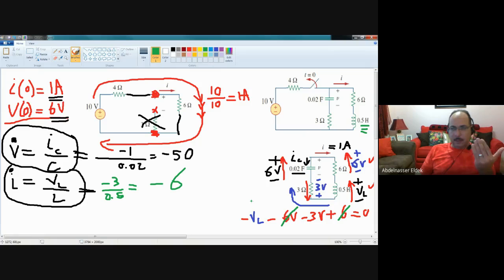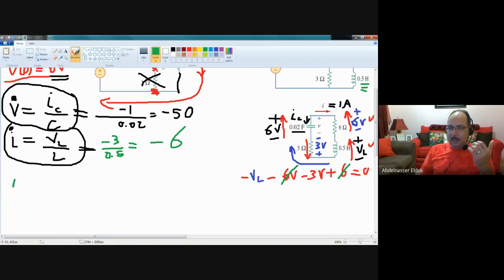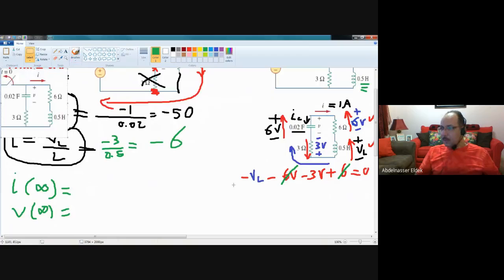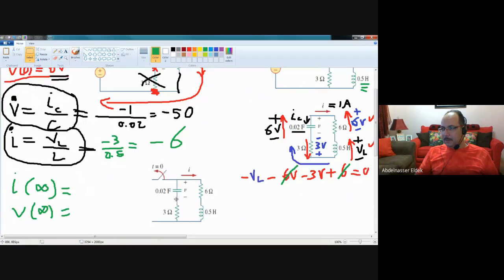Finally, we need to calculate the final value, which is very easy. IL at infinity and V at infinity, both of them are 0. Why? Because we will have this circuit here. Do we have any source in this circuit?